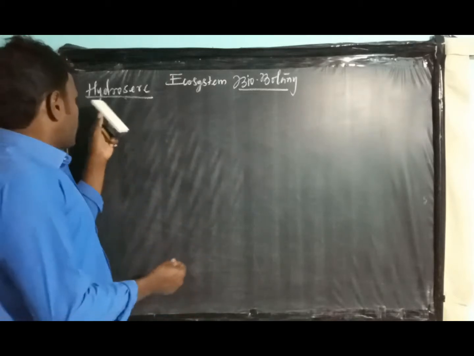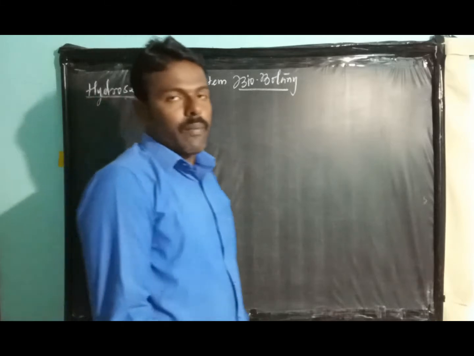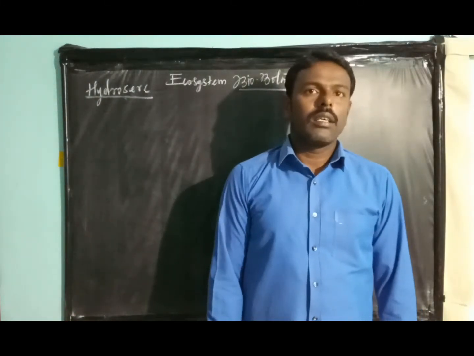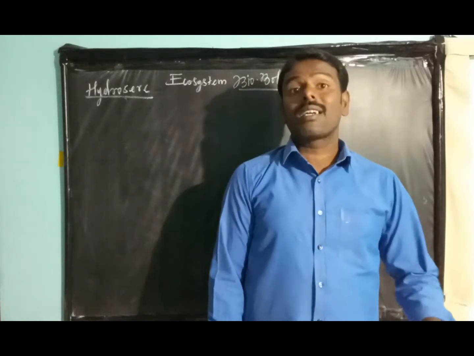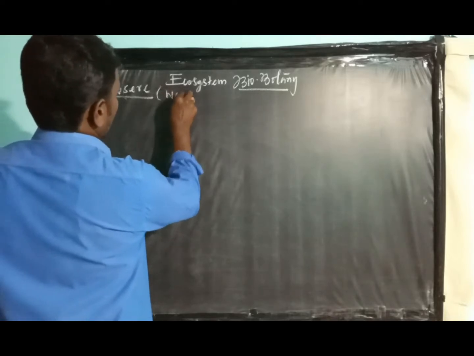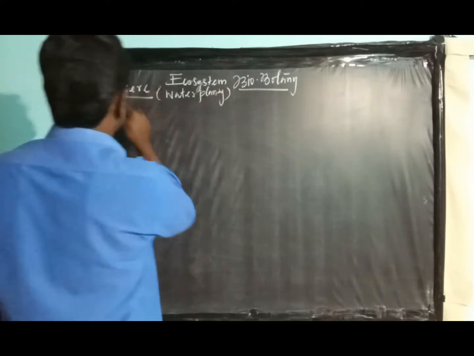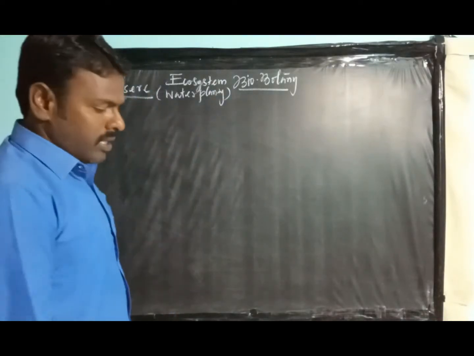So first of all, what is hydrosere? The hydrosere is nothing but the succession that starts in regions where water is plenty. That's why it is called hydrosere, for water plenty.